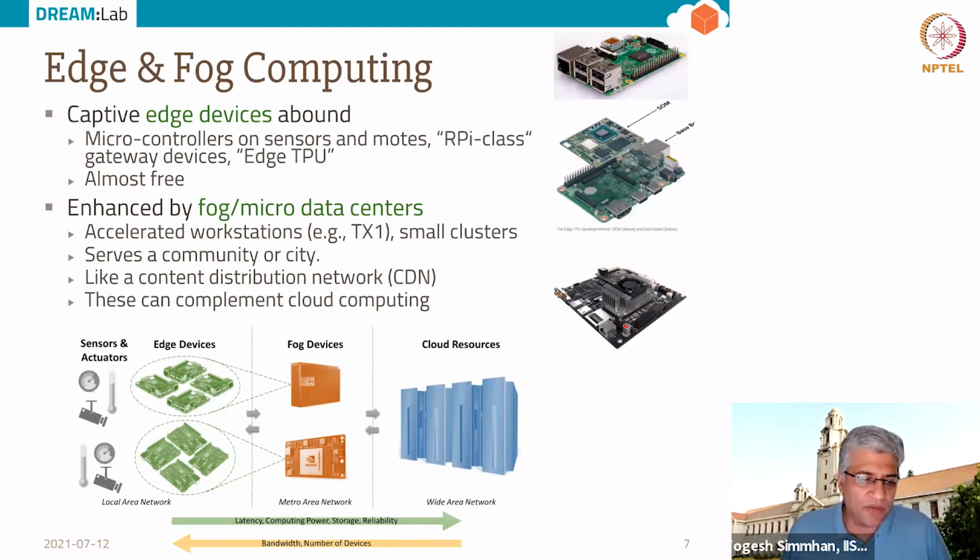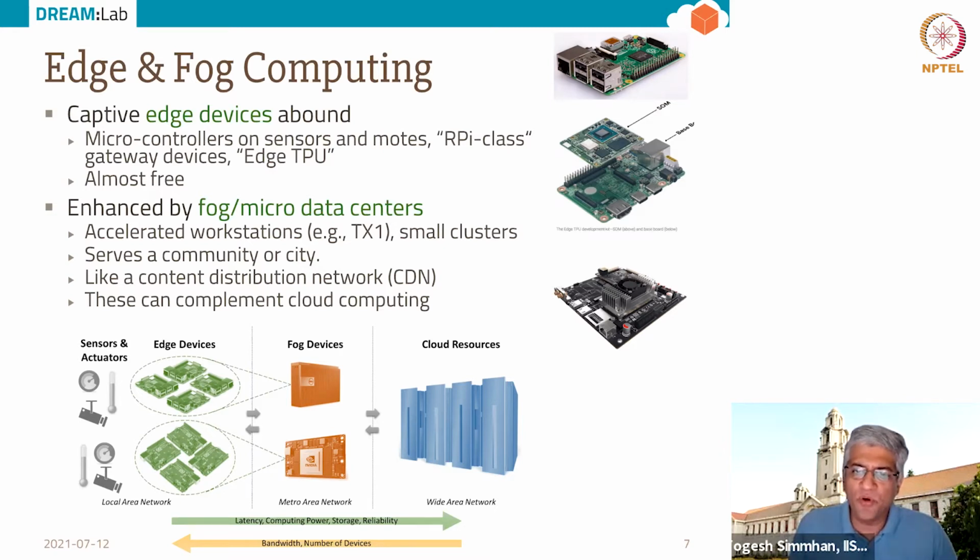Now, one of the challenges with edge devices is that they are constrained devices. They're compute constrained, memory constrained, and even from a reliability perspective they are not very reliable because they're out there on the field, and they could get affected by rain and ambient temperature and so on. So edge has some limitations. Now, fog computing can potentially be introduced as an optional layer.